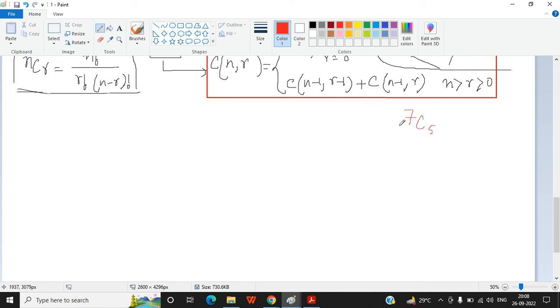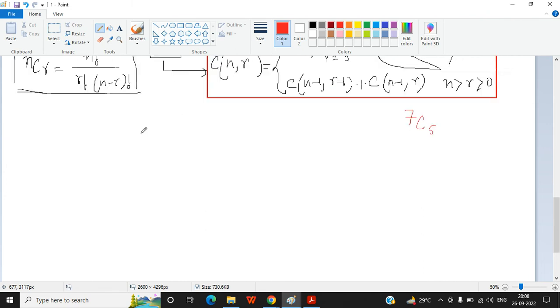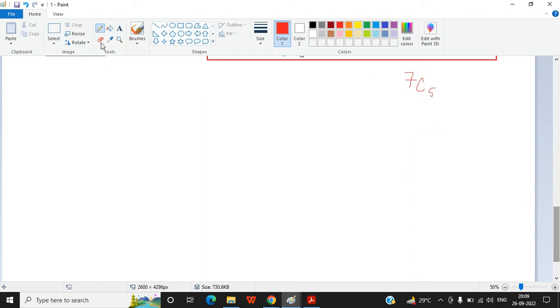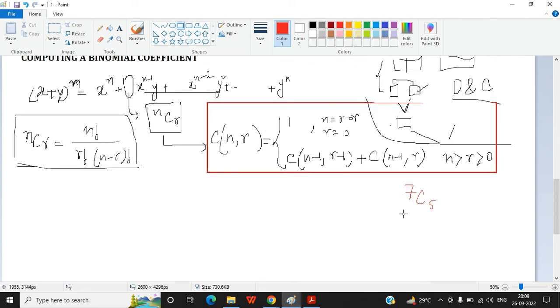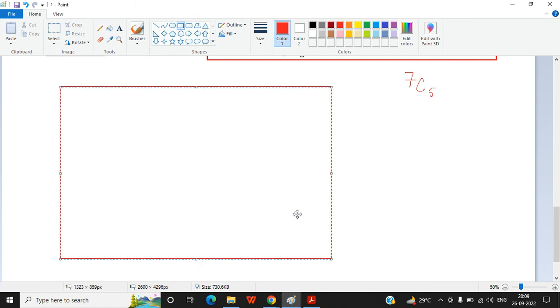Then how will you do that? We need a table. For any dynamic programming, we need a table. So to compute this, we construct a table. Let's draw a table first. We are considering that we are going to find 7C5. So now see, I am constructing the table.